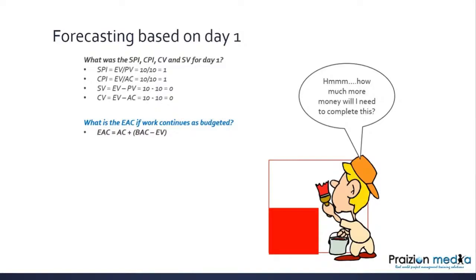And in this case, the BAC minus the EV is 30. We can see that. So it's 10 plus 30. It's still the same as the BAC. Chat into me and tell me if you understand this, because this is where a lot of people get lost.